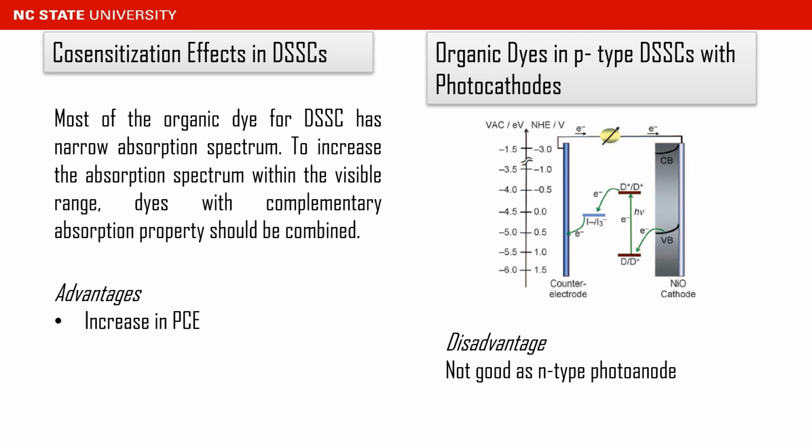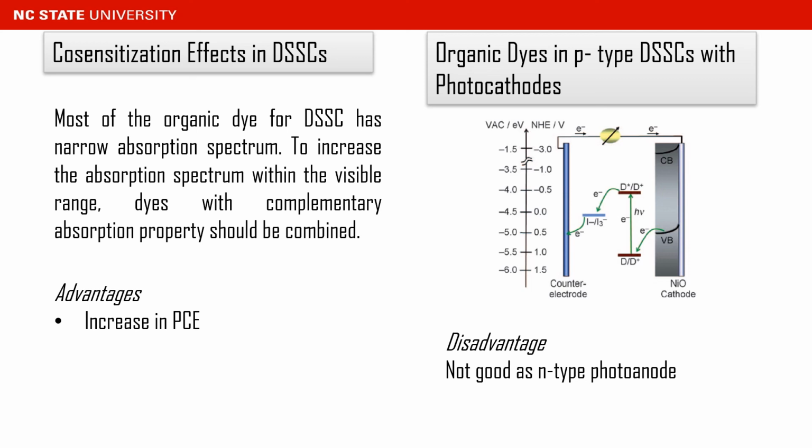Previously, I have talked about n-type organic dyes for dye-sensitized solar cells. Now, I will talk about p-type organic dyes for dye-sensitized solar cells with photocathode. Here, you see the cathode is coated with nickel oxide instead of the photoanode.